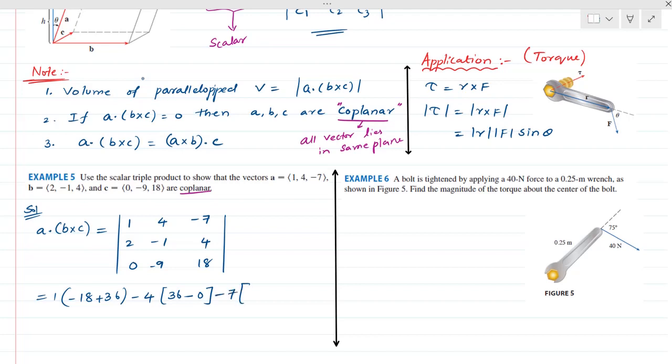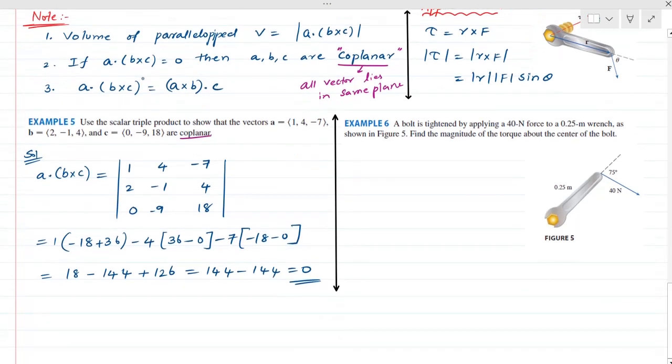Minus 7, then you have minus 18, minus 0. So what is the answer here? It is plus 18 minus 144, and minus of minus becomes plus 18 into 7, which is 126. If you simplify, you will get 144 minus 144. The answer will be 0.